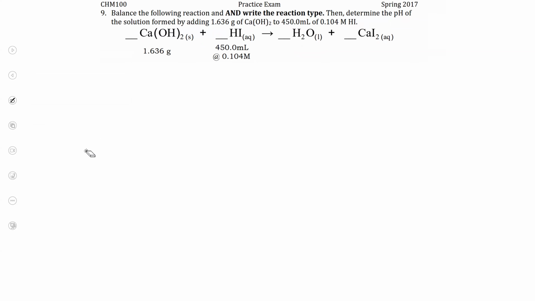First off, let's balance. We've got calcium hydroxide making water. We're making calcium iodide with 2 iodines in it. If it's 2 iodines, there has to be a 2 there. You need to get 2 iodines somewhere.